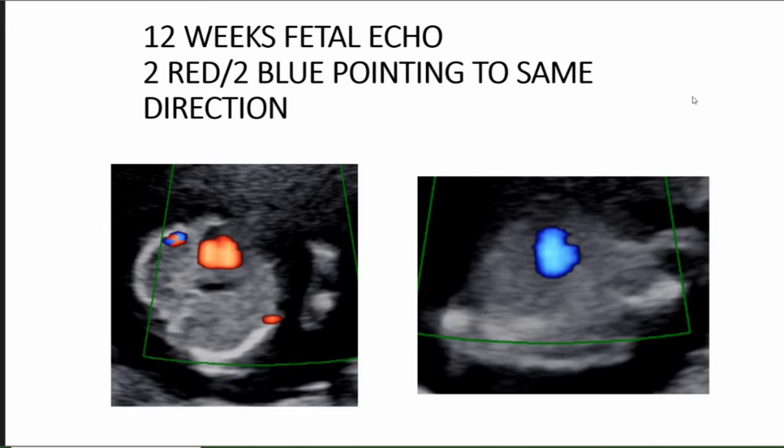At 12 weeks, when we do the NT scan, it is important to do a 12-week fetal echo, which is not difficult. All we need to do is get the apex of the heart anterior and use color Doppler and show the inflow in red and outflow in blue.